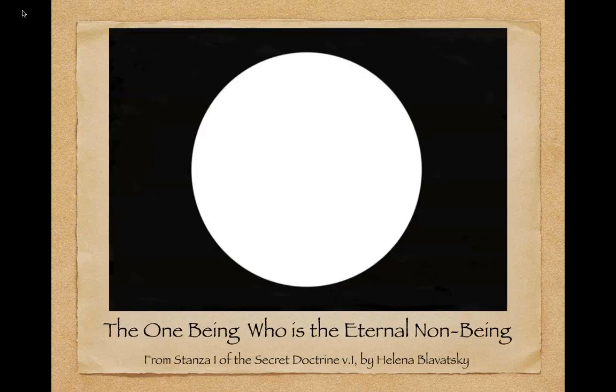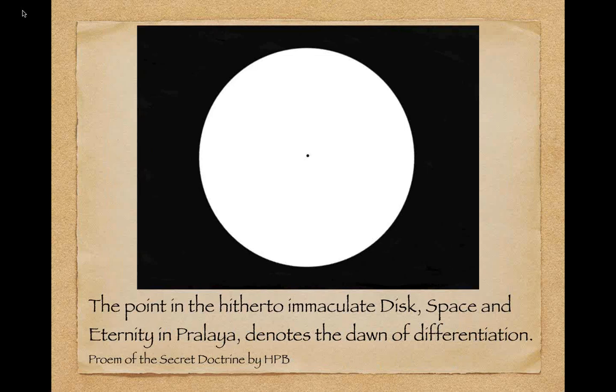Now, with this perspective on oneness, let's go back to the first page of the Secret Doctrine. HPB continues, the point in the hitherto immaculate disk, space and eternity in pralaya, denotes the dawn of differentiation. Okay, for our purposes, pralaya simply means a period of inactivity or abstraction that occurs between universes.